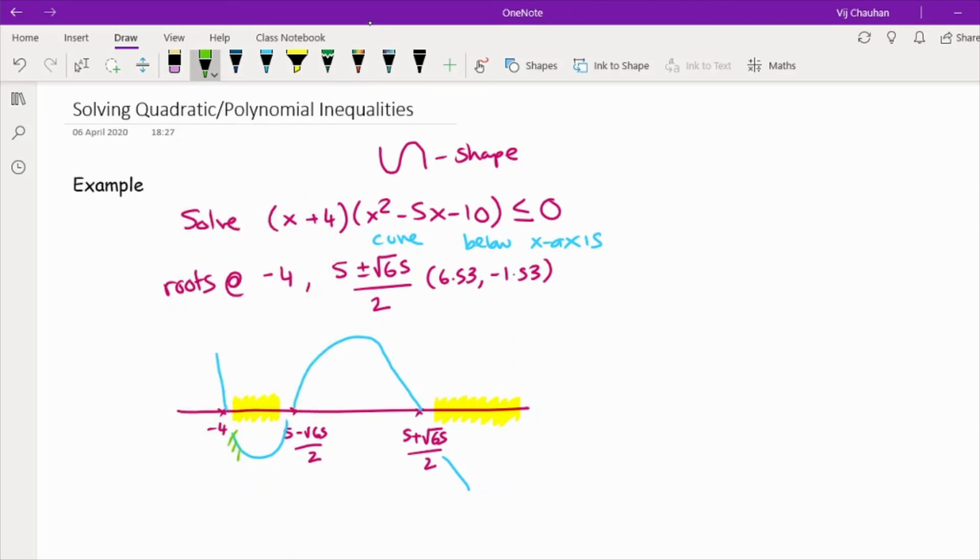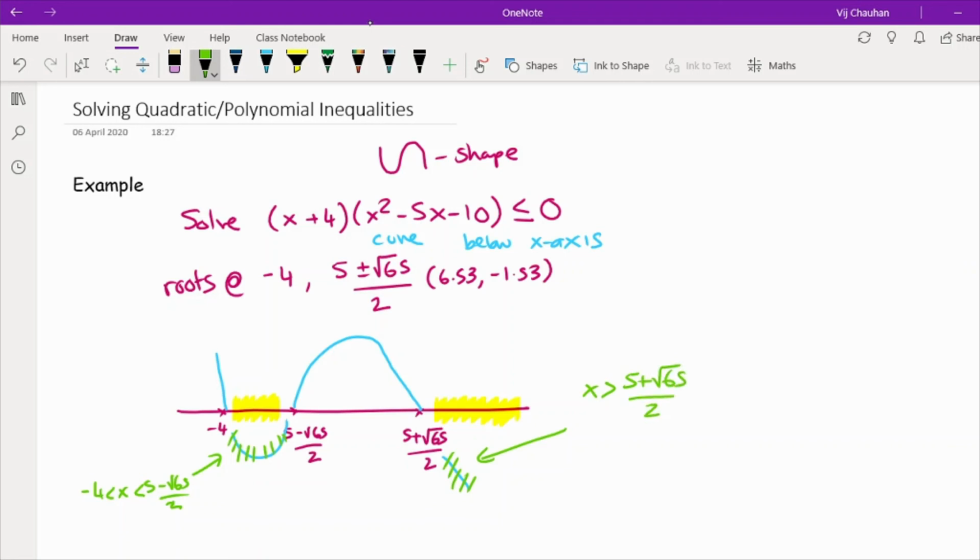And I'm looking for that region there and this region here. So first of all, writing this as an inequality range, we've got where x is between -4 and 5 minus root 65 over 2. And for this region here, it's going to be where x is greater than 5 plus root 65 over 2.